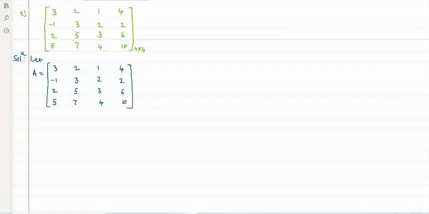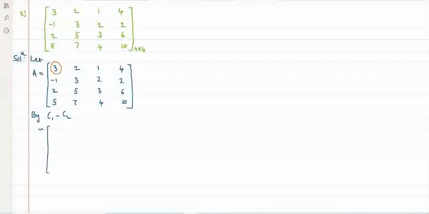My first target is to try to obtain this element as a 1, though it is not mandatory. Tell me the transformation. You can operate C1 minus C2, or you can operate R1 minus R3. You continue with your calculations. I will continue with C1 minus C2. You may also consider R1 minus R3, or interchange and multiply by minus 1.